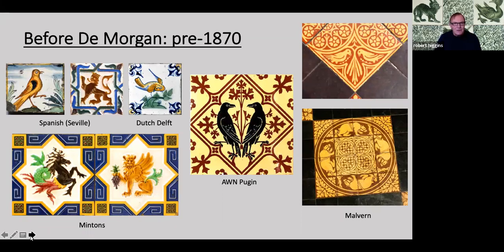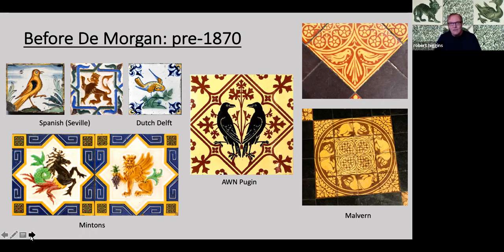So starting with other tiles that are either British or available in Britain, before De Morgan, very few of them really featured animals. On the right, we can see some sort of Gothic, medieval and inspired designs.